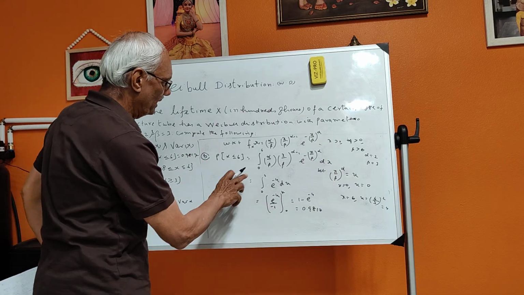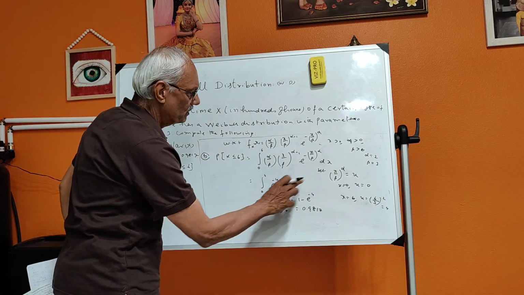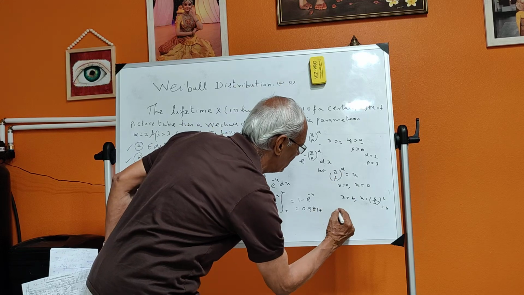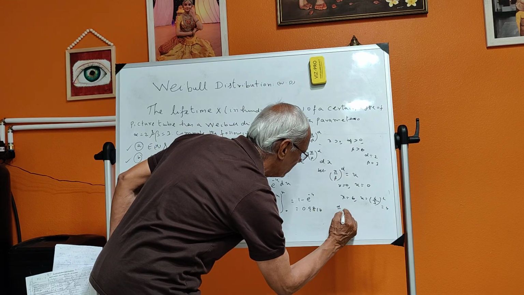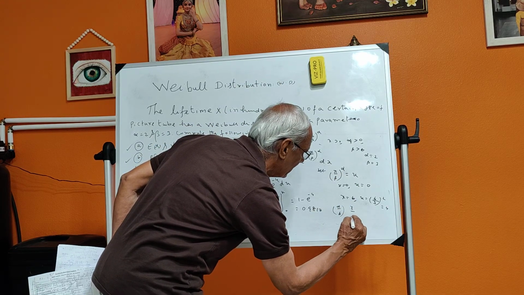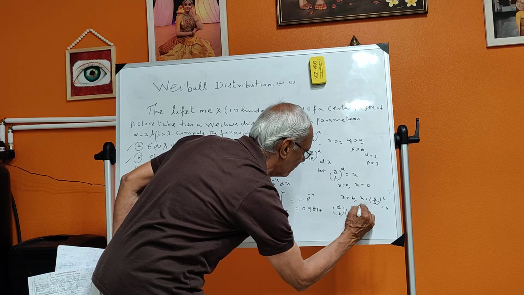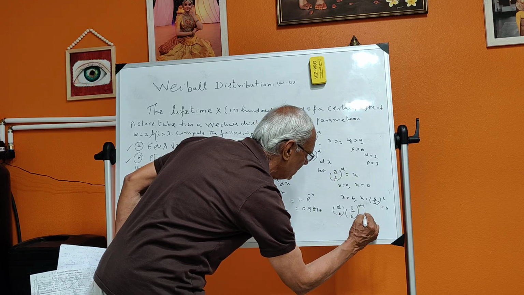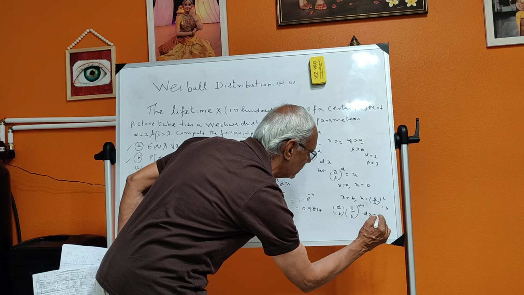So here I have not done anything. See, if you want, you must know that you can differentiate. If you differentiate this, this will give you alpha by beta into x by beta to the power of alpha minus 1 into dx is equal to du.